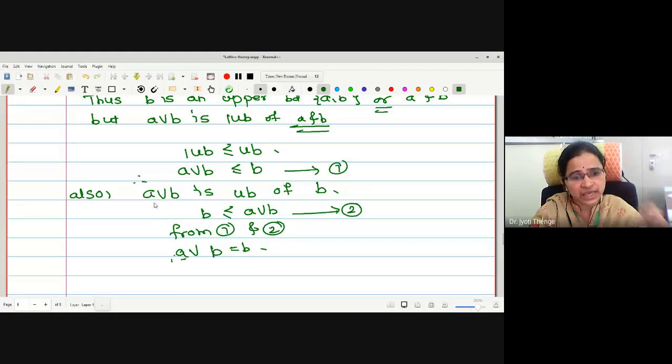But as A join B is the least upper bound, it is an upper bound for B also, so B precedes A join B. Let me call it 2. Combining 1 and 2, we prove A join B is equal to B.